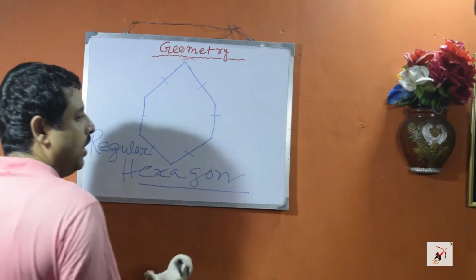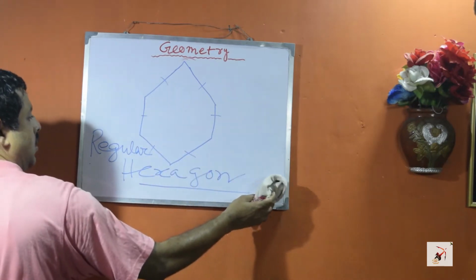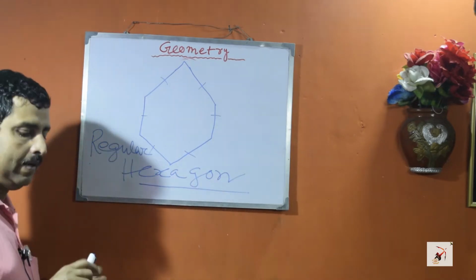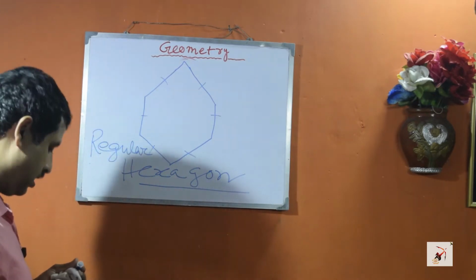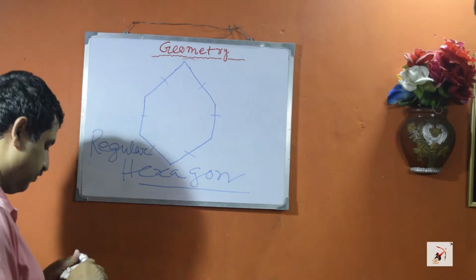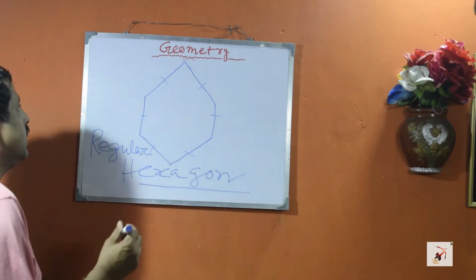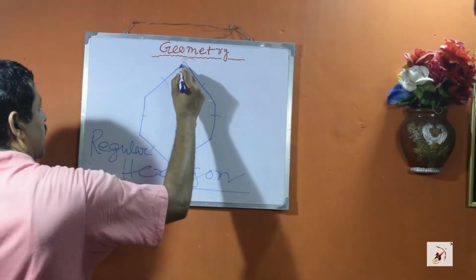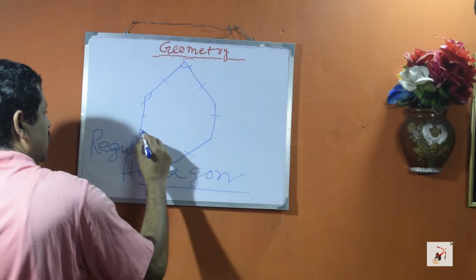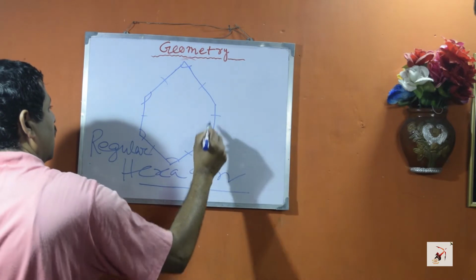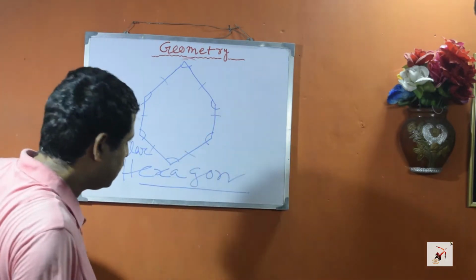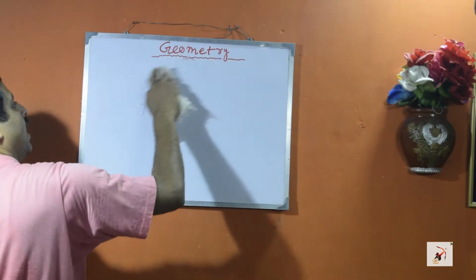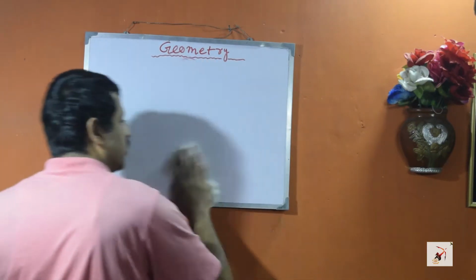Now how to calculate the area or perimeter of these polygons? I already stated regular. That means all sides are equal, and at the same time all angles should also be equal. So how to calculate the area and the perimeter of the polygons?